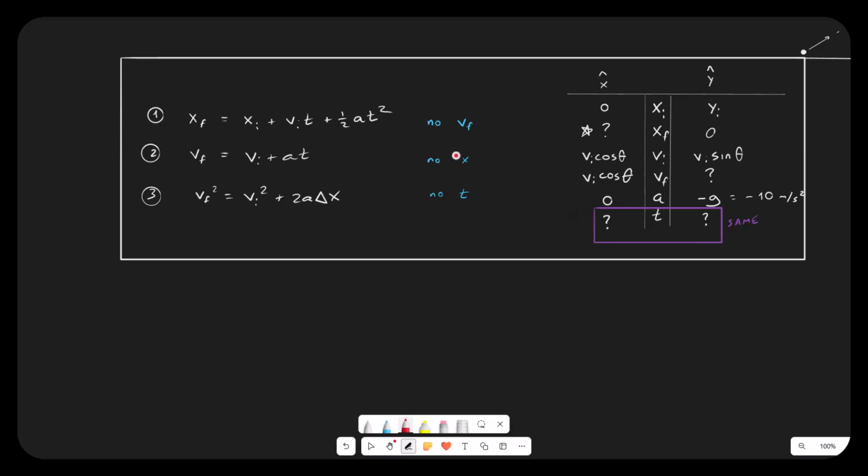When my acceleration is 0, this part of my equation goes away, this part goes away, and this part goes away. That first equation, I still have something to work with. The second equation, v final equals v initial, yeah, it's true, and I've already got that here. It's true, it's just not helpful. And the third equation, v final squared equals v initial squared, is also true, but not helpful.